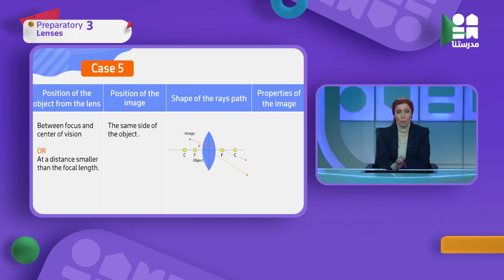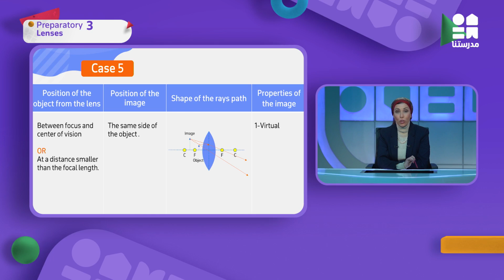This case is very special, and many questions are asked about it, because it is the only case in which the image is formed beside the object. If I'm asked in which case of all the cases of the convex lens the image is formed beside the object, I'll say when the object is between the focus and the optical center. Here is the only case where the image is formed beside the object. Can you tell me the properties of the image formed?